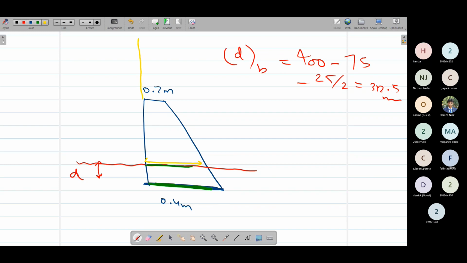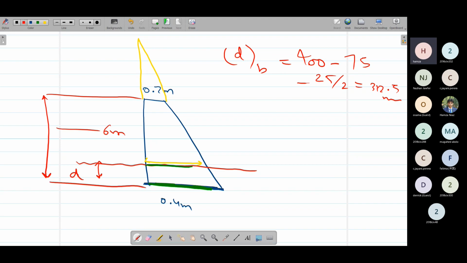Simply by similar triangles. If I make this whole a single triangle, we know this length is 6 meters, from this to this. It is clearly visible that the thickness of the stem is decreasing from 0.4 to 0.2, I mean it is becoming half, in 6 meters.